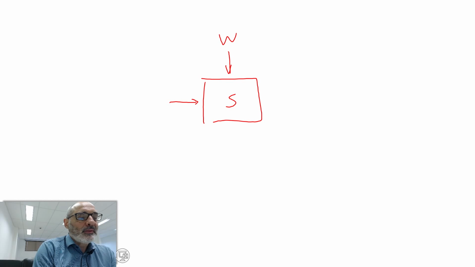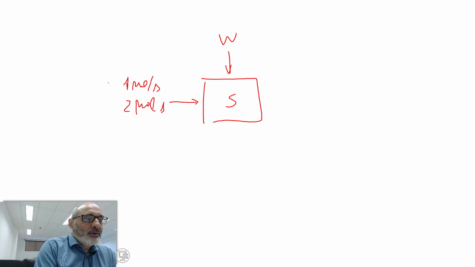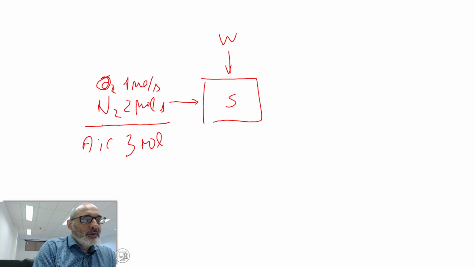Let's say I have 1 mole per second of O2 plus 2 moles per second of N2, so air is 3 moles per second.